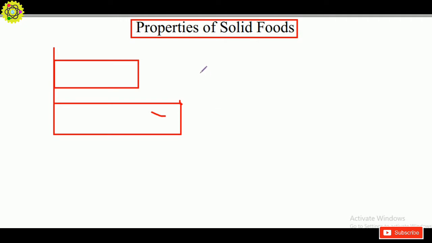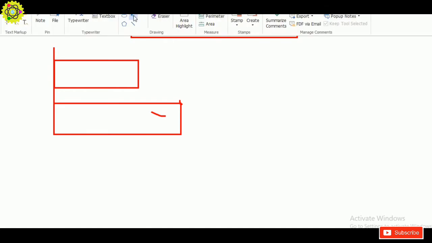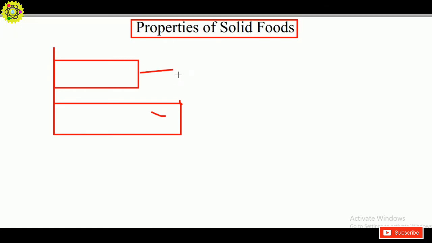Okay friends, in the case of compressive force also, let's see again. This is our compressive force, and here also compressive force. So friends, suppose this is the original length of the bar, and we apply compressive force, it gets compressed to this position.